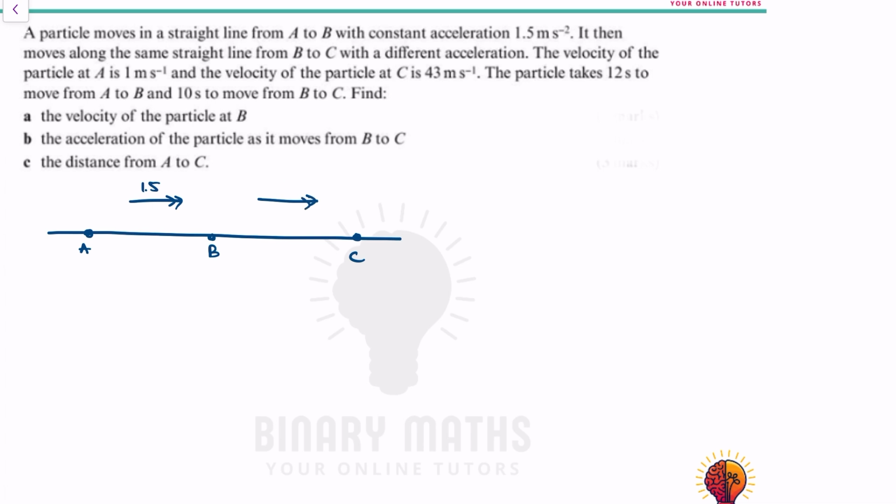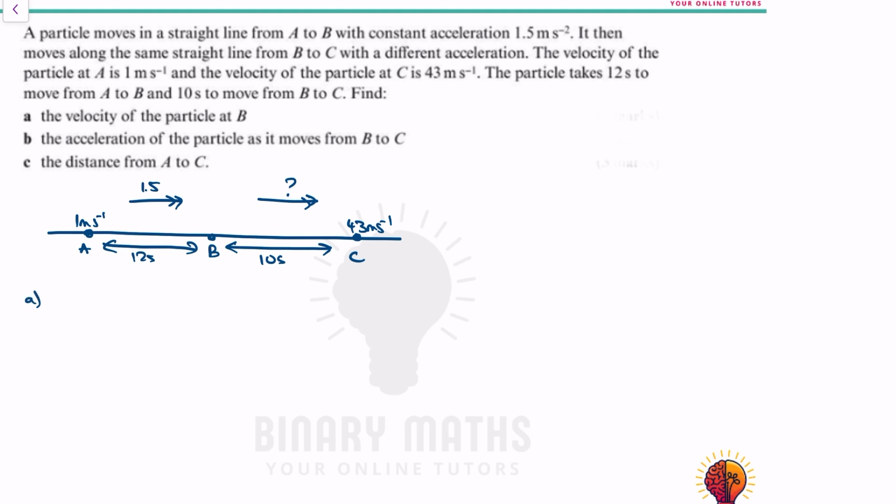We don't know what that is. The velocity of the particle at A is 1 meter per second, and the velocity at C is 43 meters per second. The particle takes 12 seconds to move from A to B, and 10 seconds from B to C. Find the velocity of the particle at B.